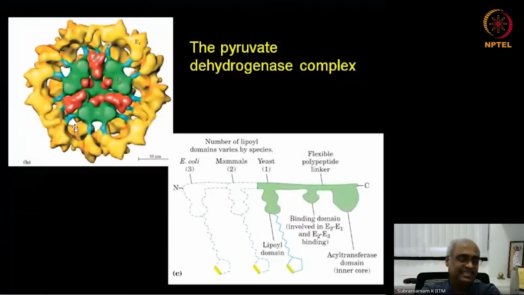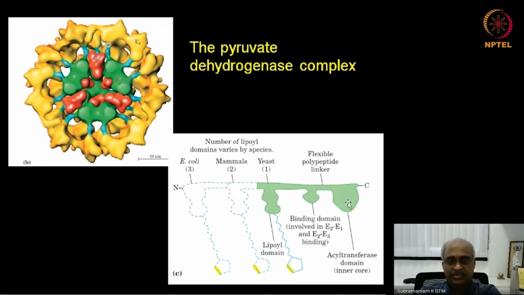And that structure is cut in half here to reveal the inner structure, like a cross section. So the main thing we want to focus on is this E2. This is the one that is really responsible, which plays a pivotal role using the lipoic acid moiety. I'll come back to that and explain how all of this works after we look at the reaction sequence.